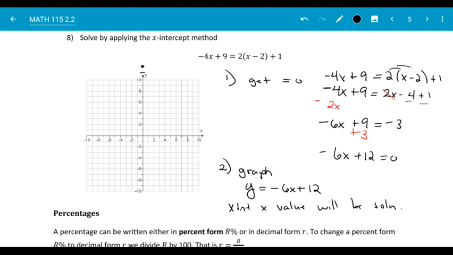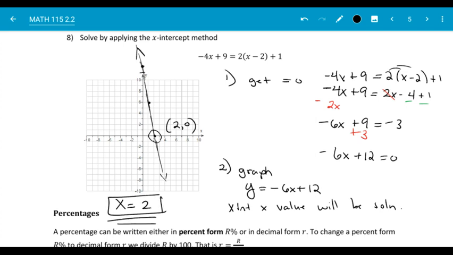Then we need to go down 6 and right 1, down 6 and right 1. There's our x-intercept point that we're interested in. So we're talking about this line coming through here like this. That's telling me the intercept is over 2 and up 0. So x equals 2 is our solution.